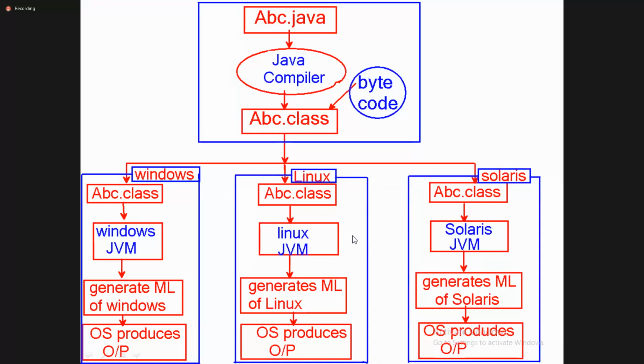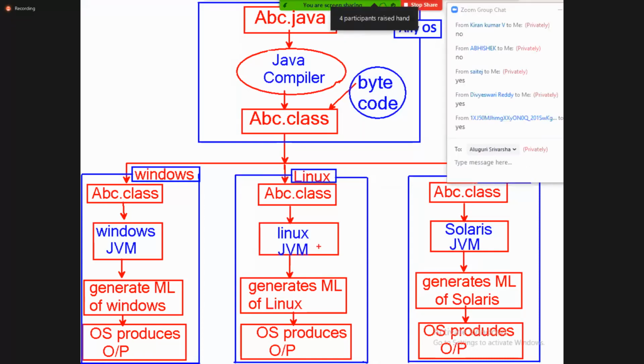Yes. You can compile in any operating system. For compilation, no need to worry, any OS you can choose. But for execution time, you have to think about which operating system you are running, because for that specific operating system you have to install the JVM.